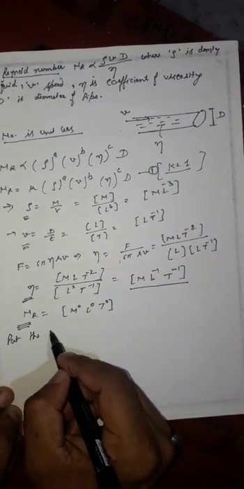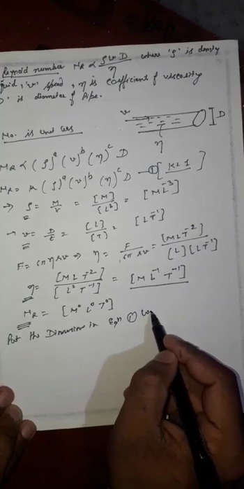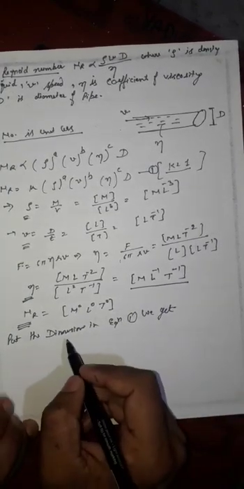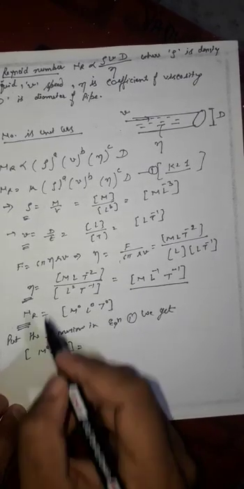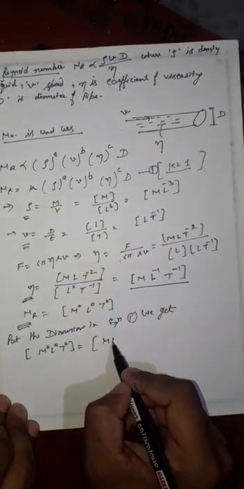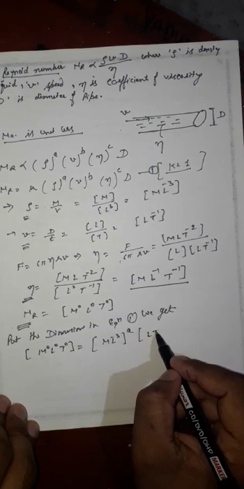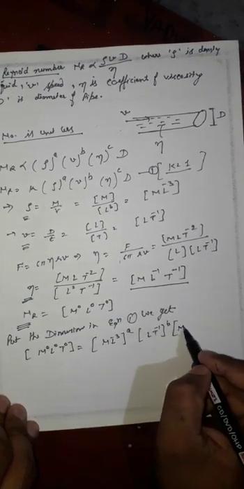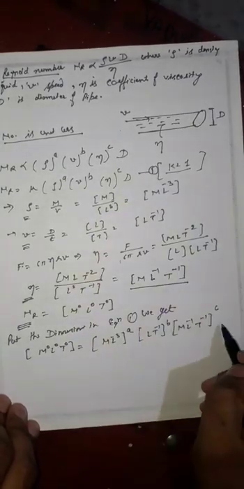Putting the dimensions of all factors, M^0 L^0 T^0 is equal to k times the dimension of density, M L^-3, to the power a, speed dimension L T^-1 to the power b, eta dimension M L^-1 T^-1 to the power c, and the diameter we can take as L.